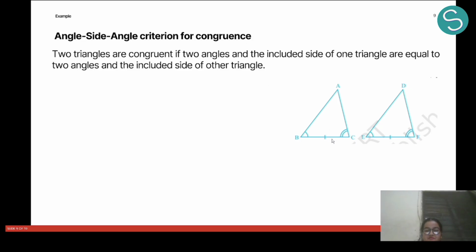If you see the figure, in triangle ABC and triangle DEF, angle ABC equals angle DEF, side BC equals EF, and angle ACB equals angle DFE. So here it is angle side angle in one triangle equal to angle side angle in the other. These two triangles are congruent by the angle side angle criterion.